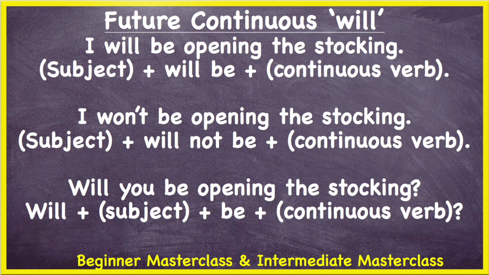So the negative comes in between the will and the be, okay? So that way you can contract the will not to won't, right? You don't say will be not, you say will not be. So I won't be opening, blah, blah, blah. And then the question is, will you be opening the stocking? So it's will plus subject plus be plus continuous verb.